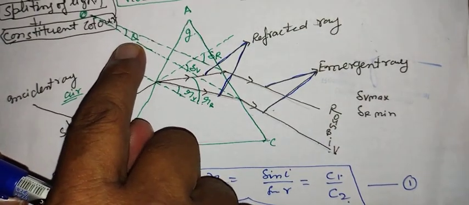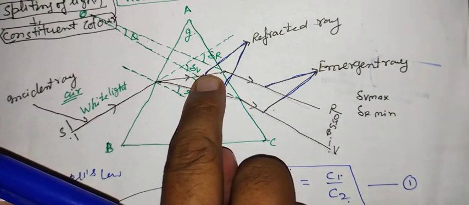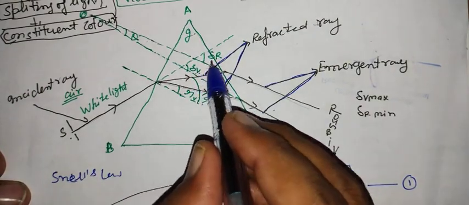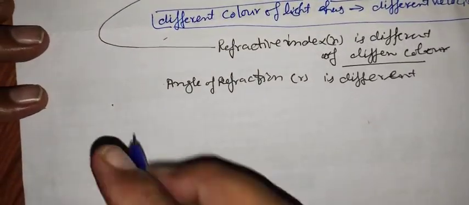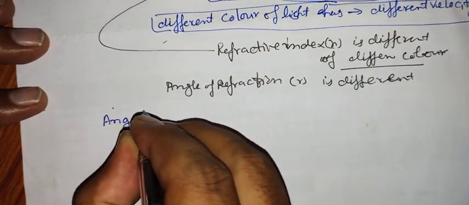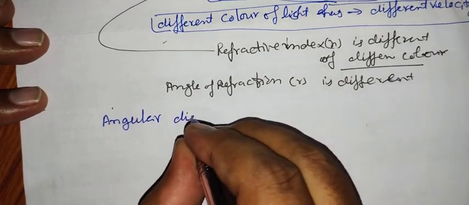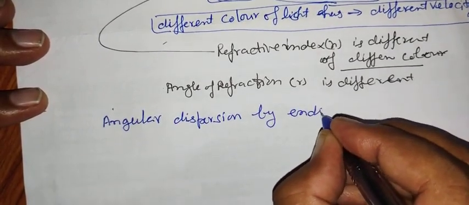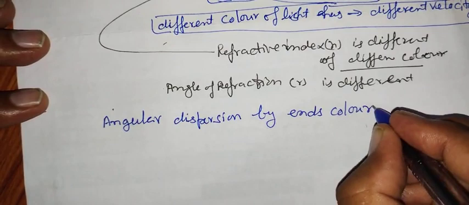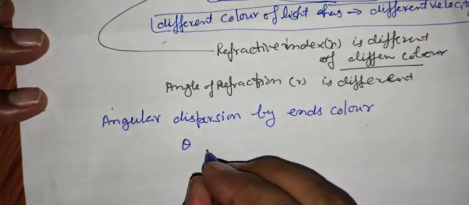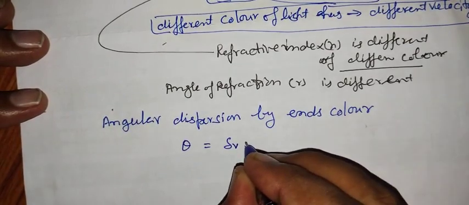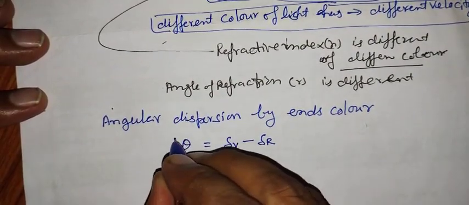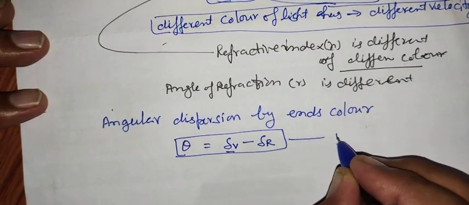The angular dispersion theta depends on the angle of deviation for end colors, and it is denoted by theta and given by delta V minus delta R. It can be represented by equation number 1.